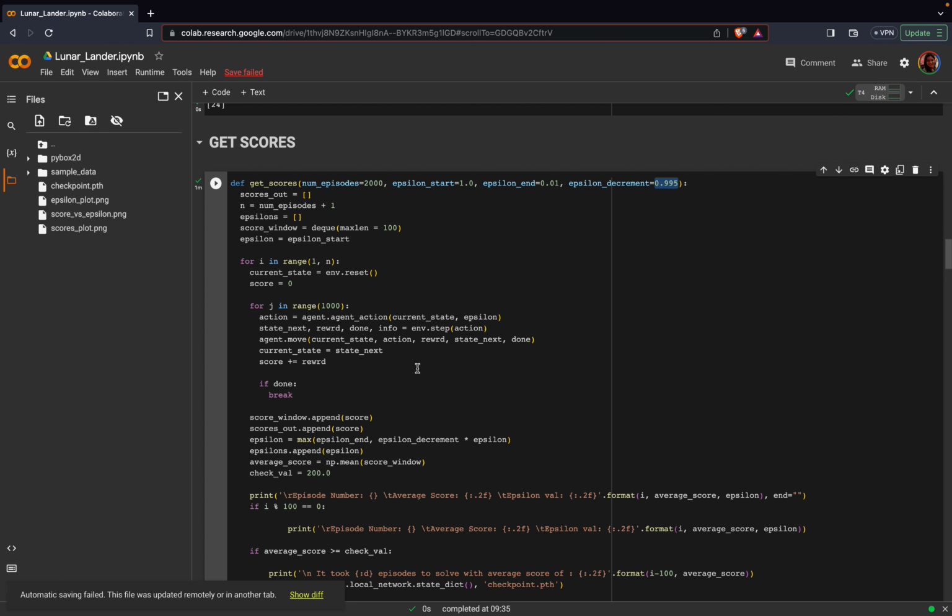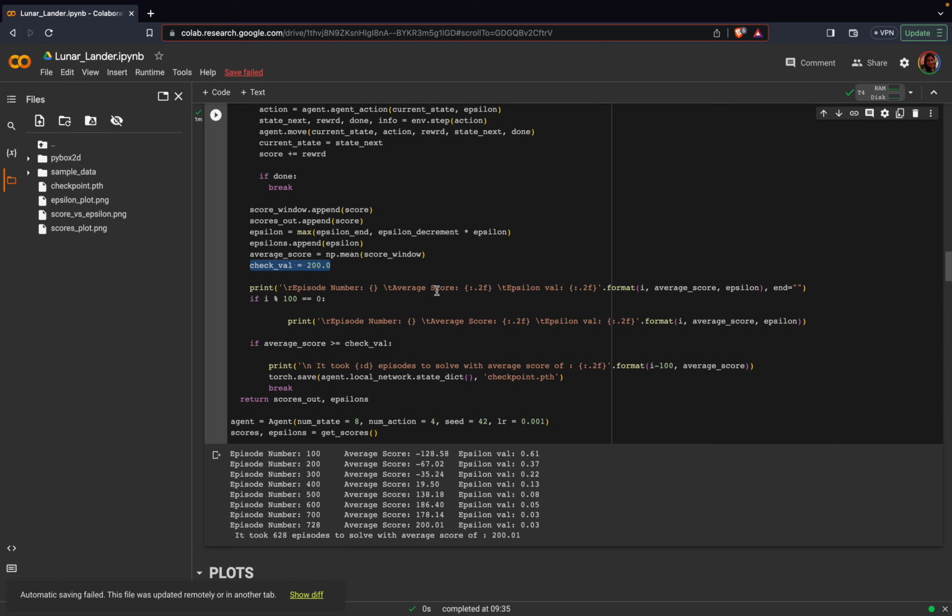Then we have a check value over here that is around 200. What the check value means is that for this particular situation, 200 is said to be a reward. When we have a reward value of 200, the problem is said to be solved, just for this one, the Lunar Lander. If you have an average reward of 200, the problem is said to be solved, right?